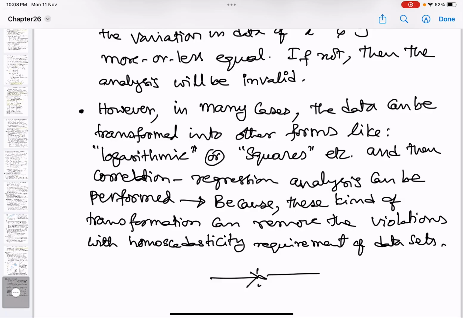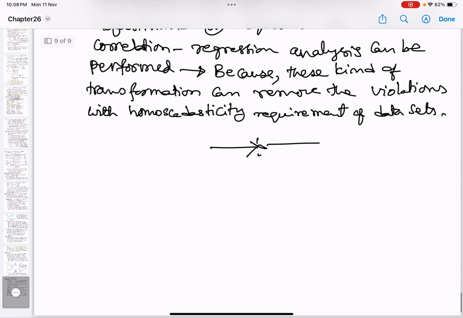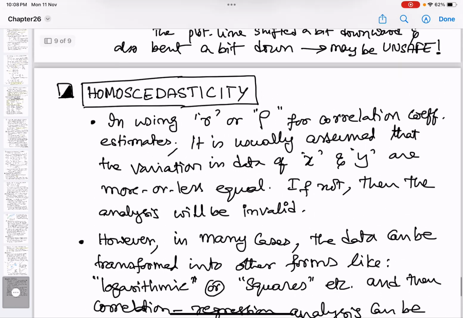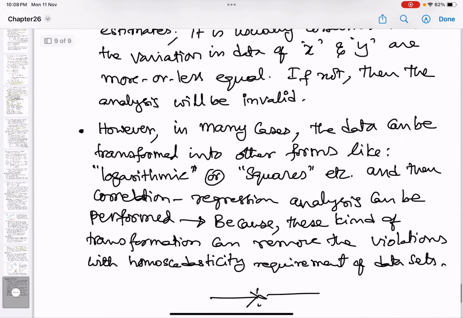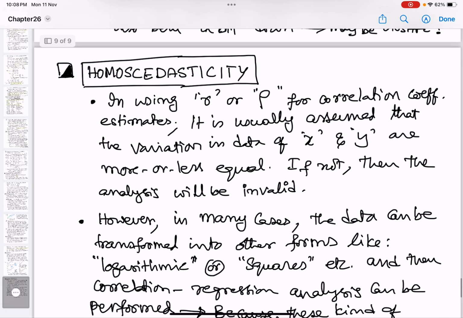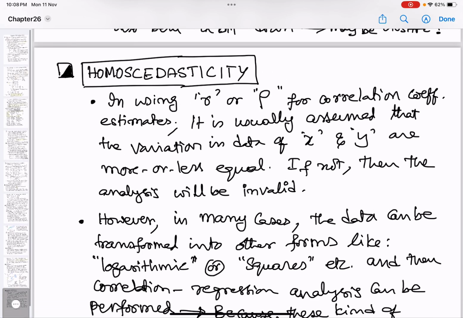And then after you transform it into those forms, you can basically use regression analysis because the transformation can remove the violations of homoscedasticity. So I hope you understood what homoscedasticity is, right? So in that case, you are basically first converting the data before you actually start using the regression analysis.